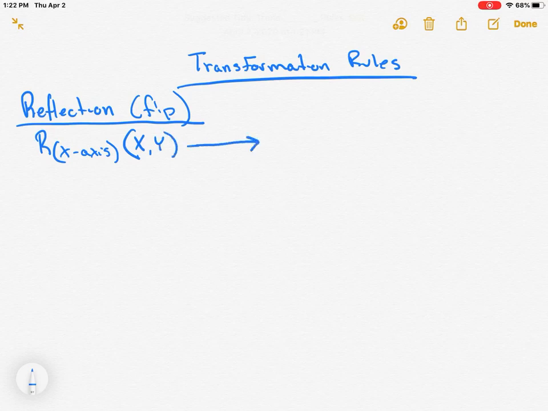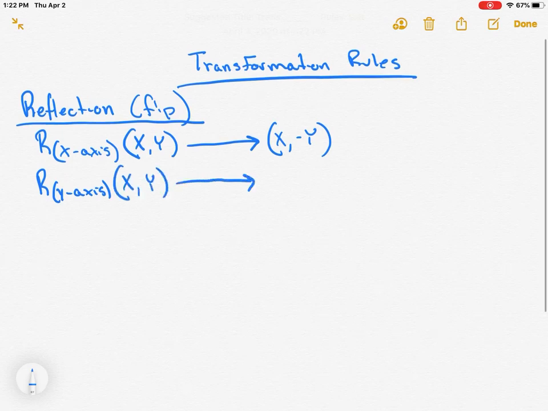The reflection happens. Our new x is our original x. Our new y is opposite our original y. If we're reflecting it over the y-axis, we have our original x and y point. The transformation happens, right? Our new x is opposite our original x, and our new y is the same as the original y.